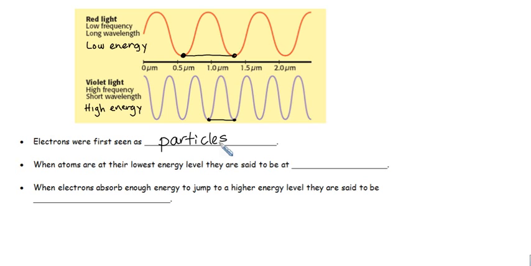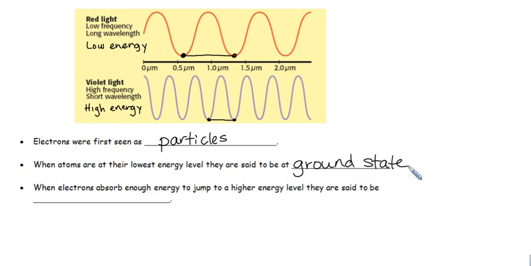When atoms have their electrons in the lowest energy level, we say that the atom is in its ground state. Ground state.